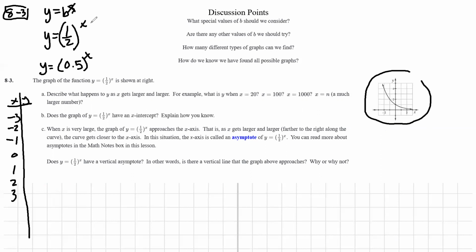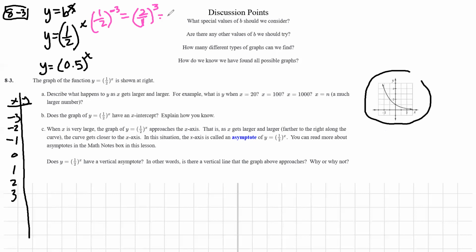Okay, so if I do 1/2 to the -3 power, ooh, what do you do with that? Well, when you have fractions and negative exponents, you flip over the fraction to make it 2/1, okay? When you have a negative exponent with a fraction, you flip it over and then you put it to the 3rd power.